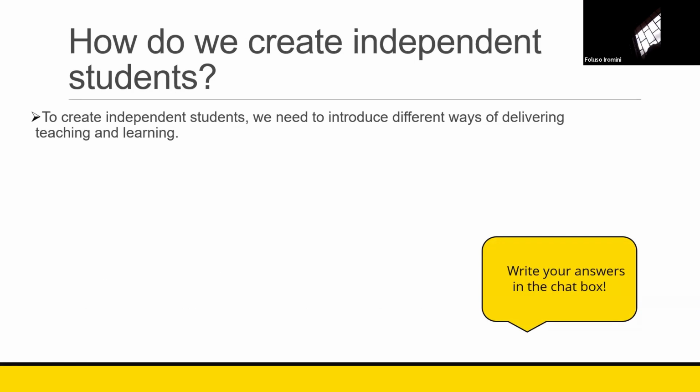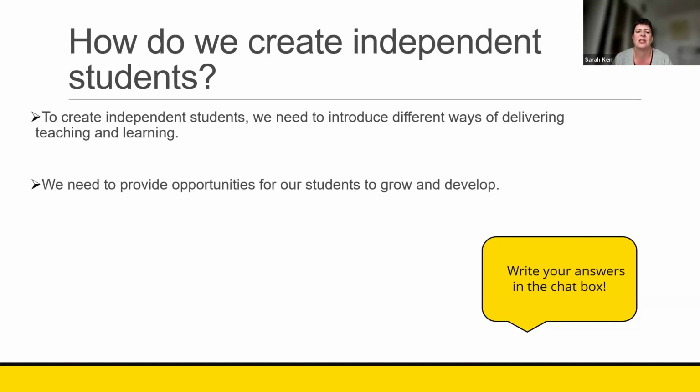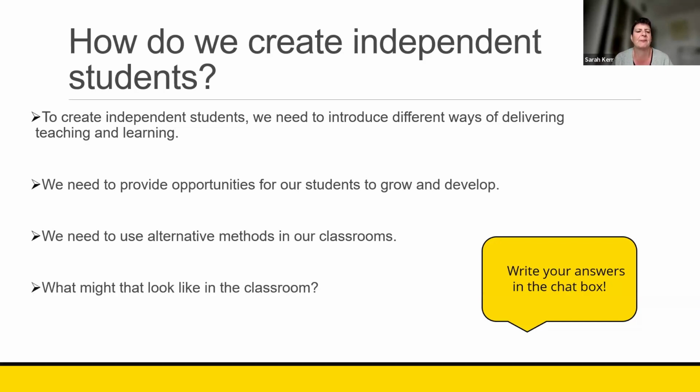So we need to start introducing the different ways to our students of learning. We need to provide opportunities for the students within our lessons, within our daily education. We need to allow them to develop, to grow, and we need to use a different method than perhaps the methods that we fall back to quite comfortably.